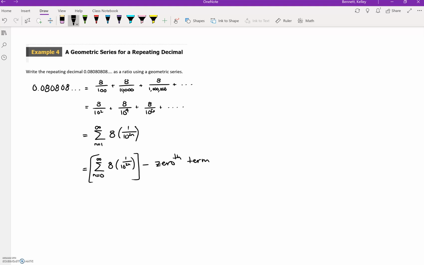And the 0th term is 8 times 1 over 10 to the 0, which equals 8. So what I'm going to do is just have my standard form for geometric series, and I have to peel off an 8 at the very end.